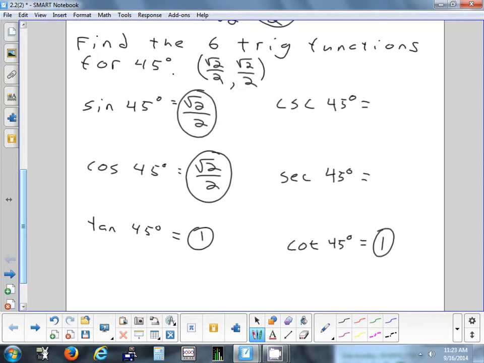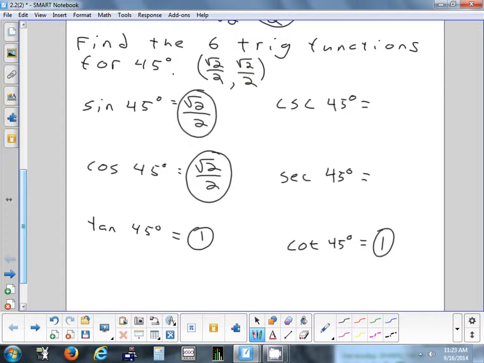Okay, Max, how do we get the cosecant? You switch the element. Can you be a little more specific? By switch, you mean flip, got it, and flip which one? 2 on top and square roots on the bottom. Do you remember the name of the function you're flipping?